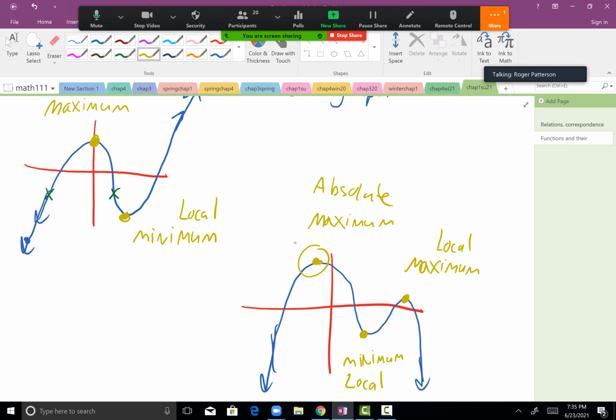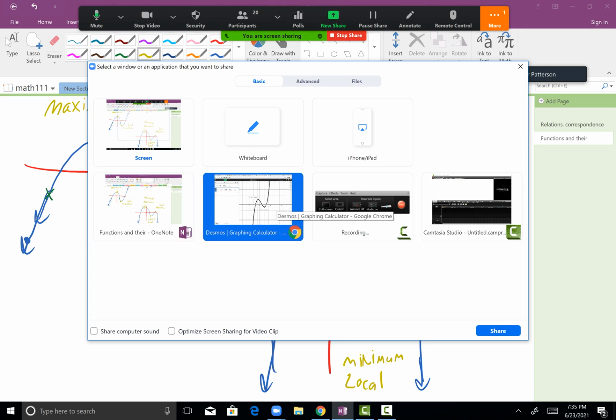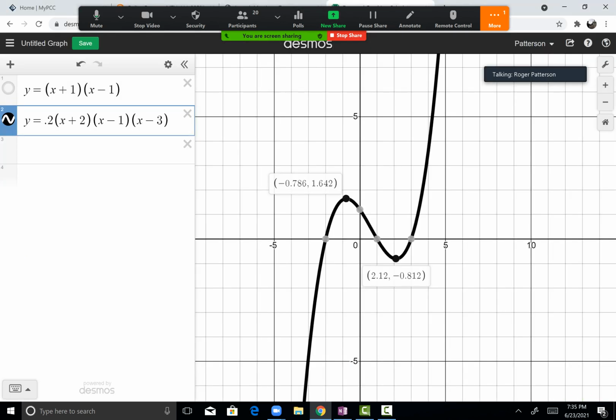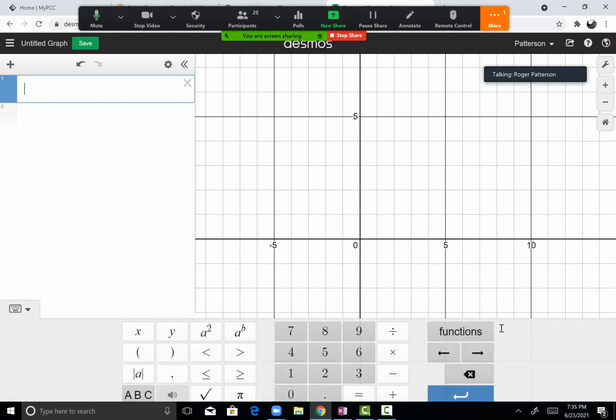So let's graph some in Desmos and take a look at it. All right. So let's see, I'm going to get rid of these and put in some new ones.